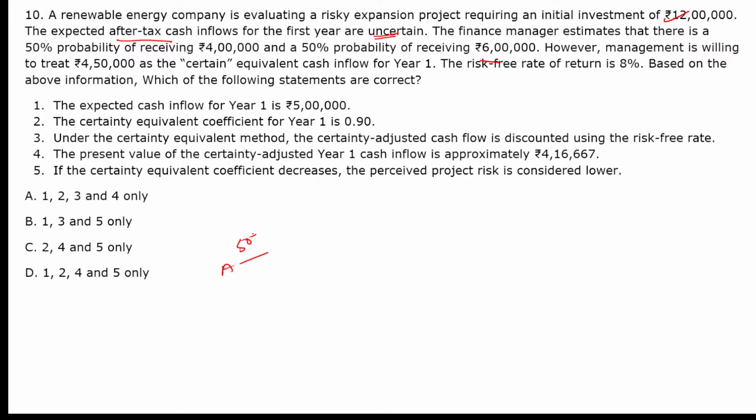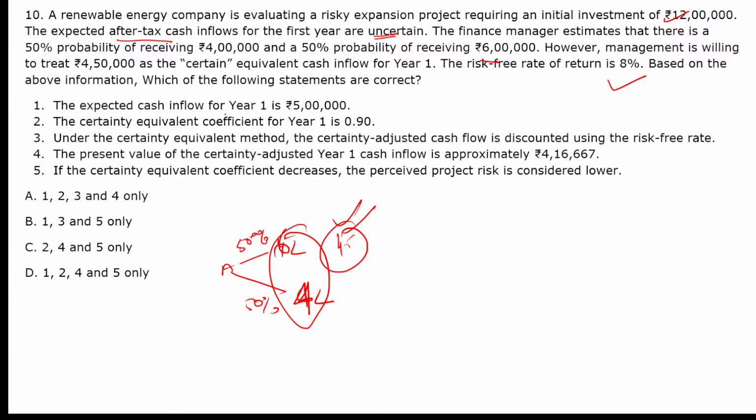However, the management is willing to treat 4,50,000 as the certainty equivalent cash flow for the first year. They have taken 4.5 as certain. The risk-free rate of return is 8%. Based on the above information, which of the following statements are correct?